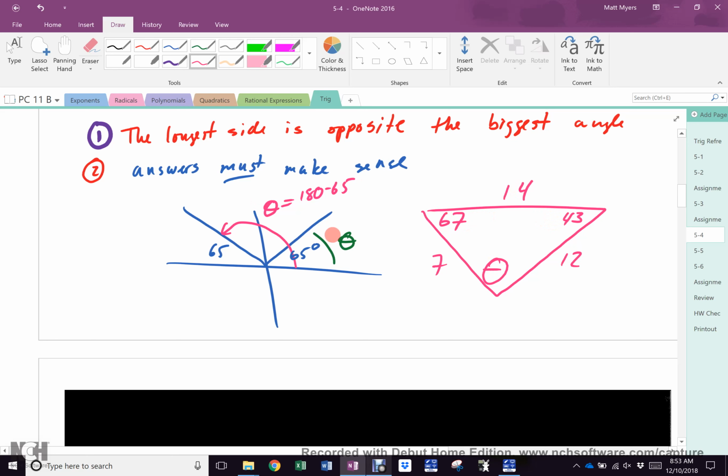So if you did all the trig and you got this to be 65, you would know that it's wrong. Your calculator would say 65 because your calculator found this one. But you know that this has to be bigger, so you know this would have to be the other theta. Is everybody cool with that? Yeah? Okay, then we're set to move on.